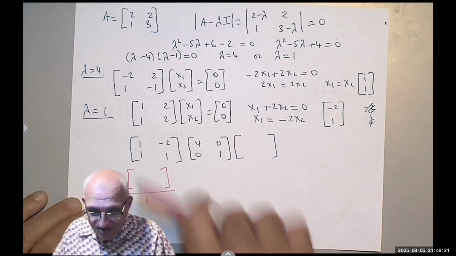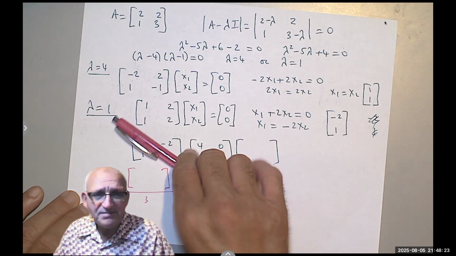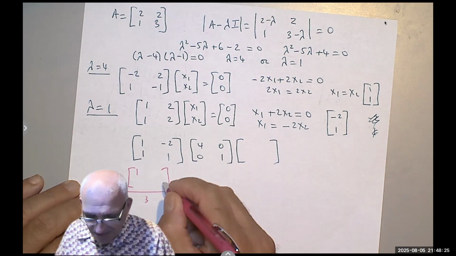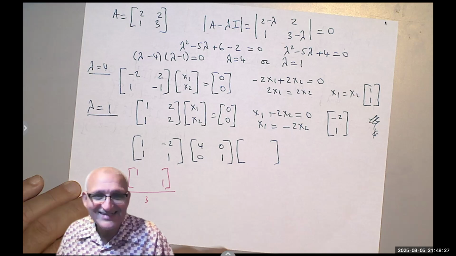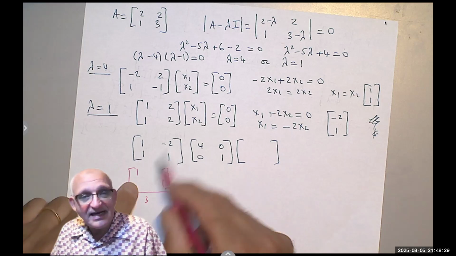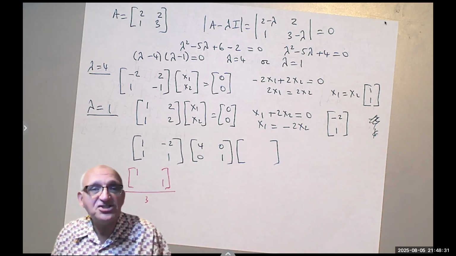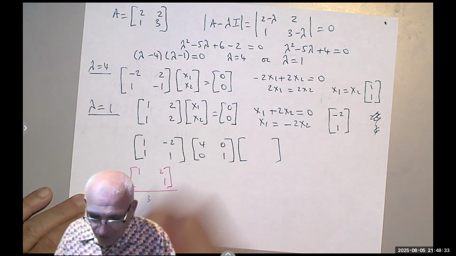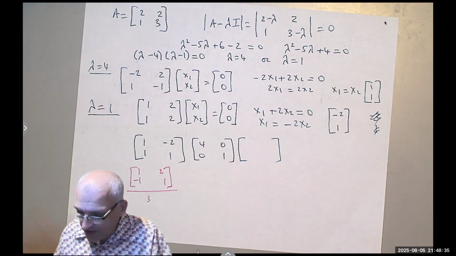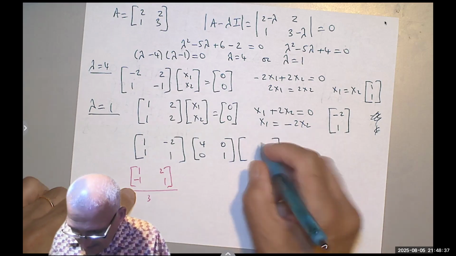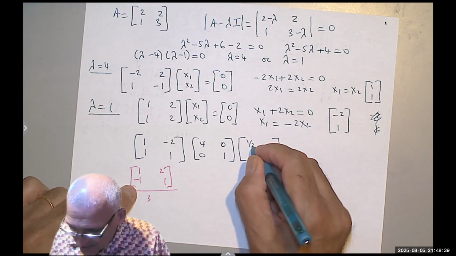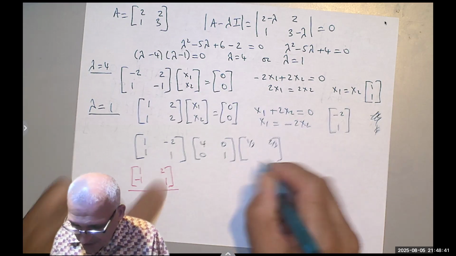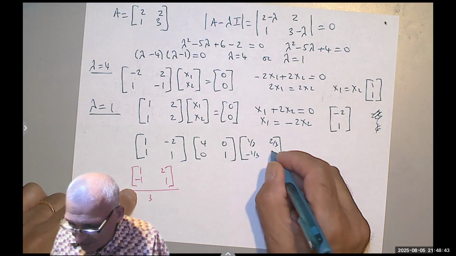Switch the elements on the main diagonal, but they are the same. The 1, 1 become 1, 1. And then the other diagonal, you leave it as it is, but change its sign. The negative 2 becomes 2, the 1 becomes negative 1. So this becomes 1/3, 2/3, negative 1/3, 1/3.